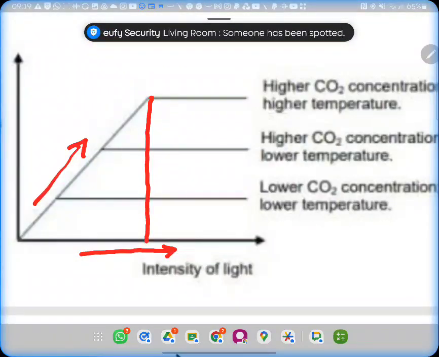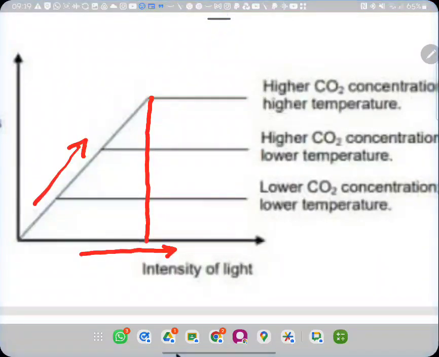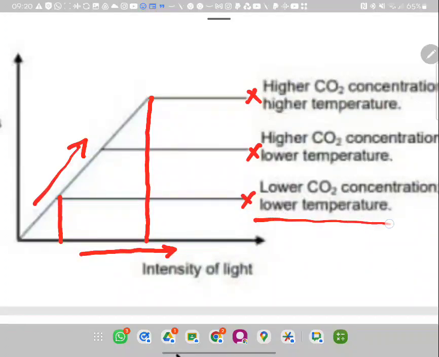Okay, so what we can say is that in this graph, these here are different concentrations and temperatures. So you can see that if you had this light intensity at this carbon dioxide concentration and lower temperature, we get that amount of photosynthesis.